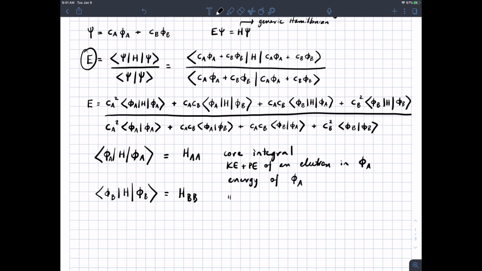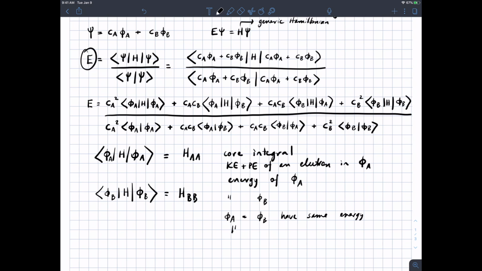It is a core integral, except it's for atomic orbital B. And for our case today, we're going to say that A and B have the same energy.